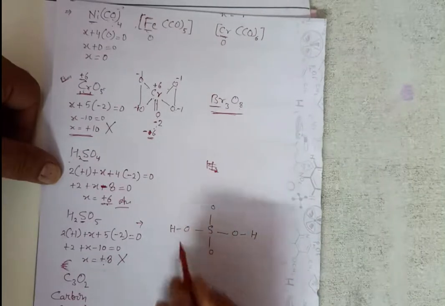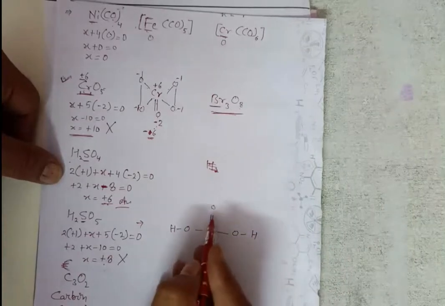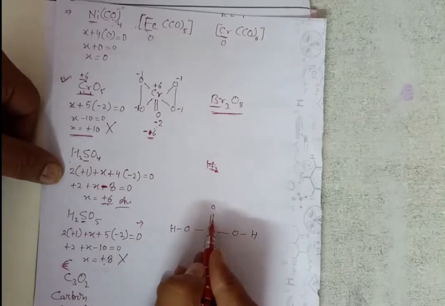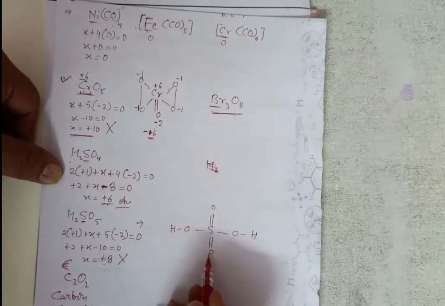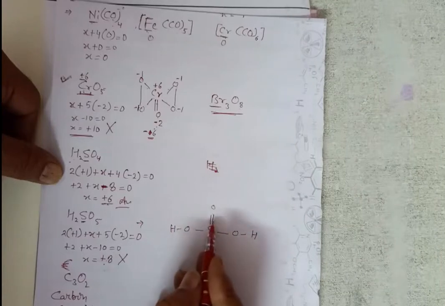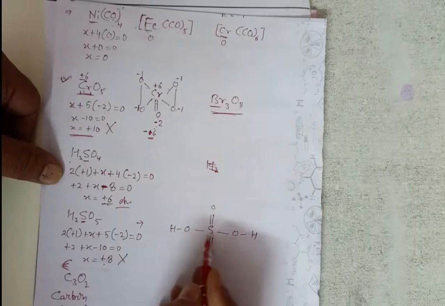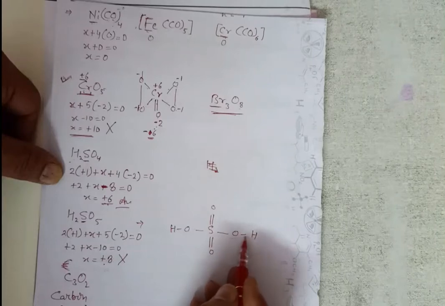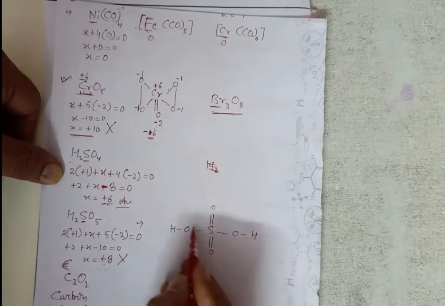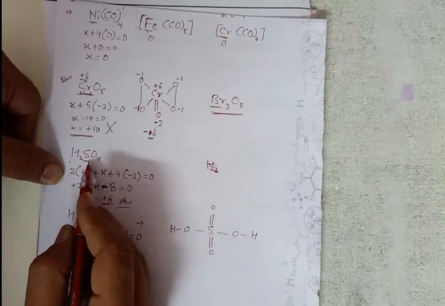This oxygen is also bonded with 2 bonds. So the valency of oxygen is satisfied. What about sulfur? 1 2 3 4 5 6. So the valency of sulfur is also satisfied, because sulfur can form a maximum of 6 bonds, hydrogen a maximum of 1 bond. So this one is the formula of H2SO4.